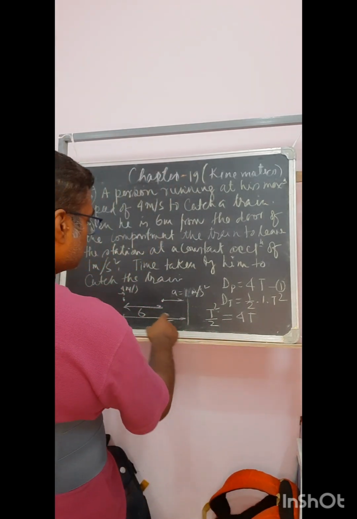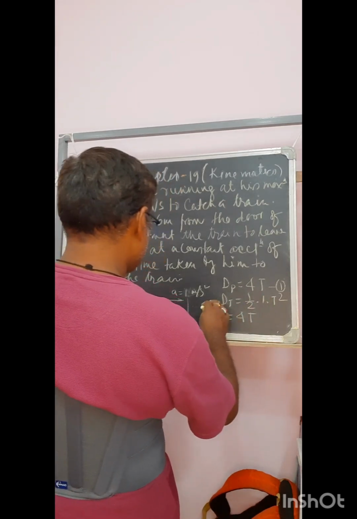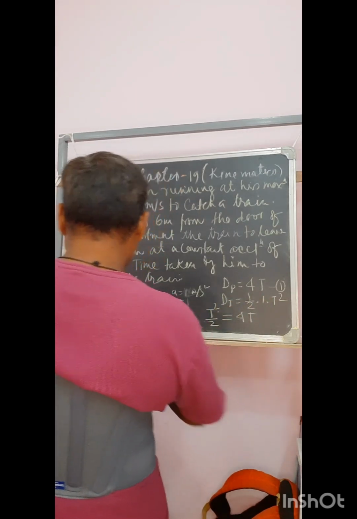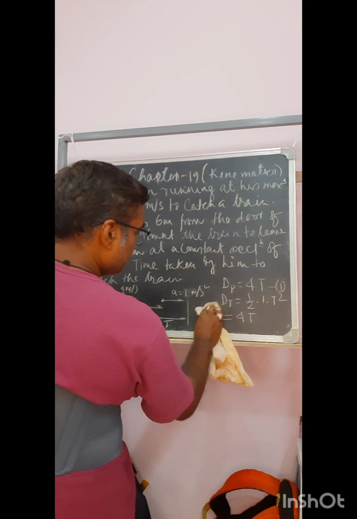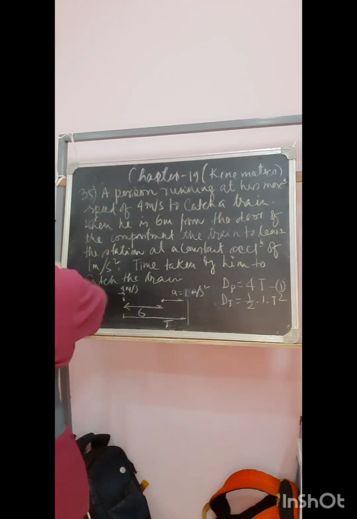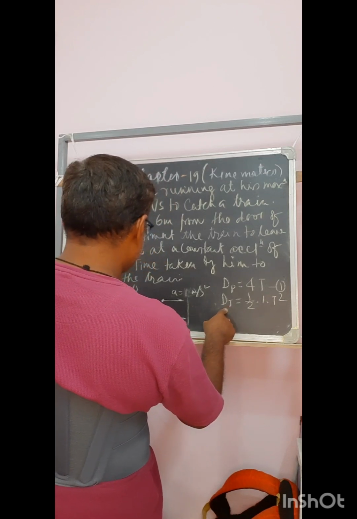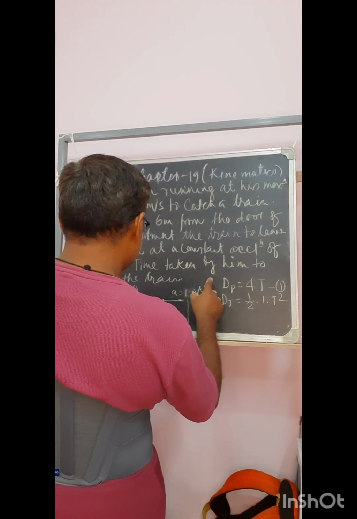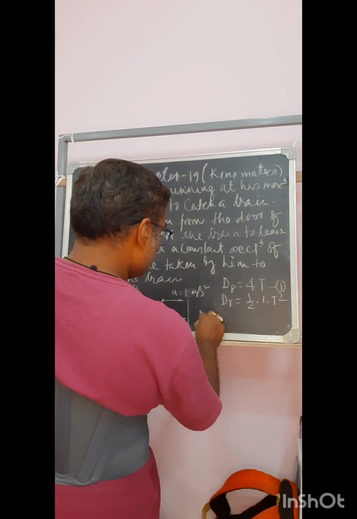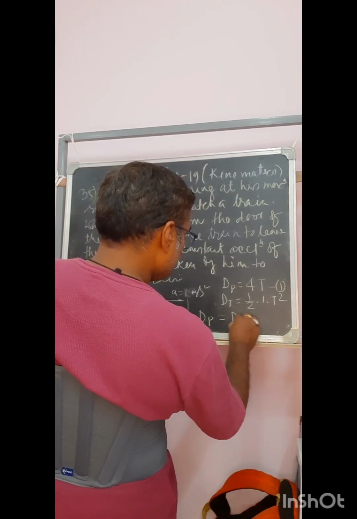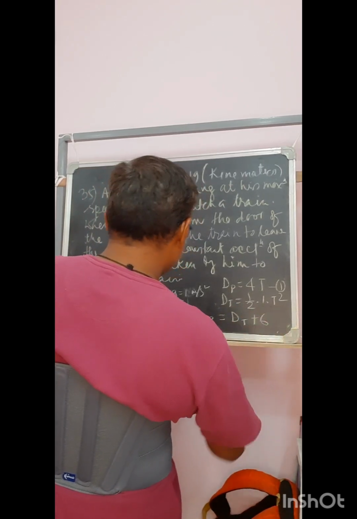but the distance will not be the same because they are 6 meter apart. So the distance dt moved by the train will be lesser than that of the person. So the person will move dt plus 6. This will be the equation.